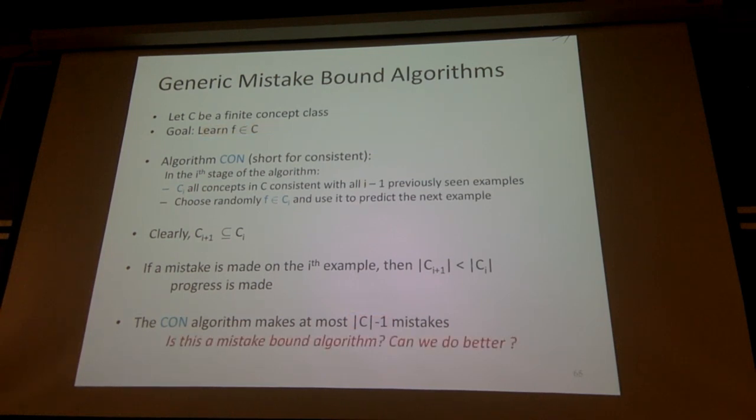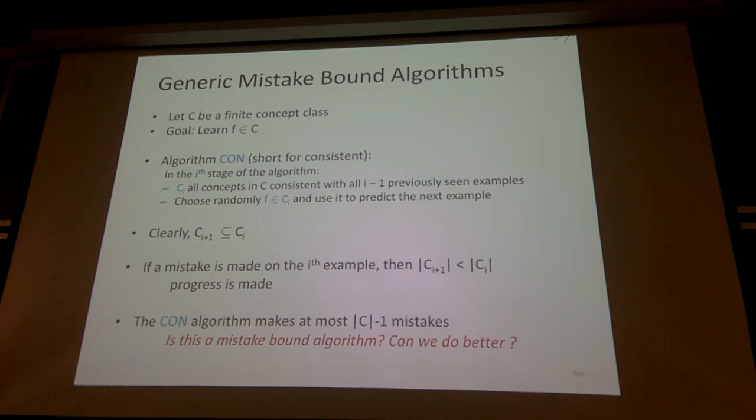Alright, so now one of the problems is, all I showed was that the number of mistakes this algorithm makes is the size of the concept class. Is this a mistake bound algorithm or not? Can you answer that question without extra information? Let me refresh your memory.